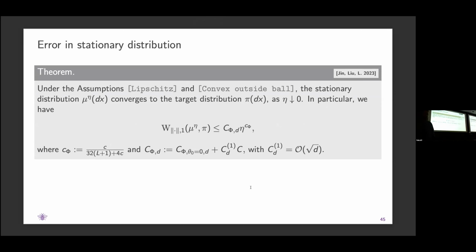Secondly, what we get for the stationary distribution, under these assumptions, is that the distance between the subsample distribution and the actual distribution is small, measured in the waiting time eta. This is very cryptic. So this C phi here is about 1/4, a bit less than 1/4.